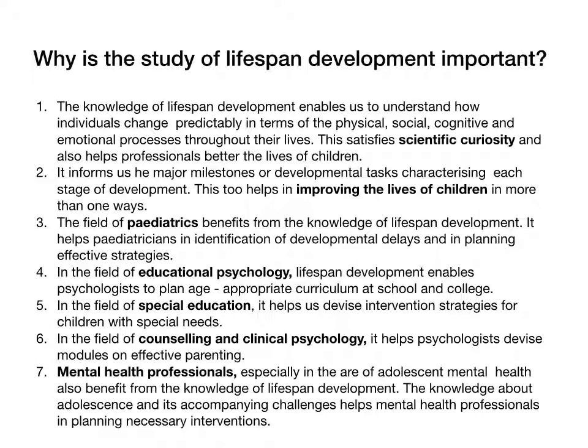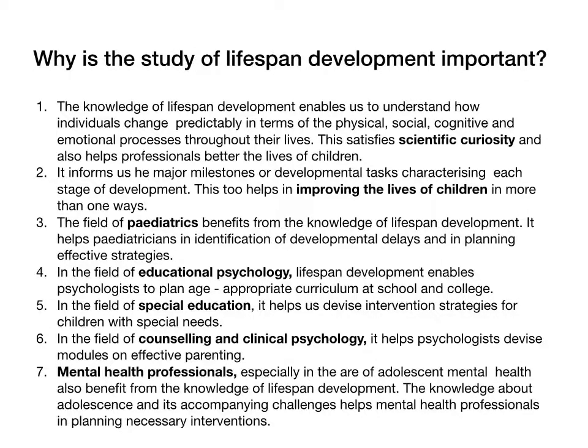Now coming to the last point, point number 7, lifespan development also helps us in the area of mental health. Mental health professionals, especially in the area of adolescent mental health, also benefit from the knowledge of lifespan development. There are certain stages which are particularly challenging for the individual.